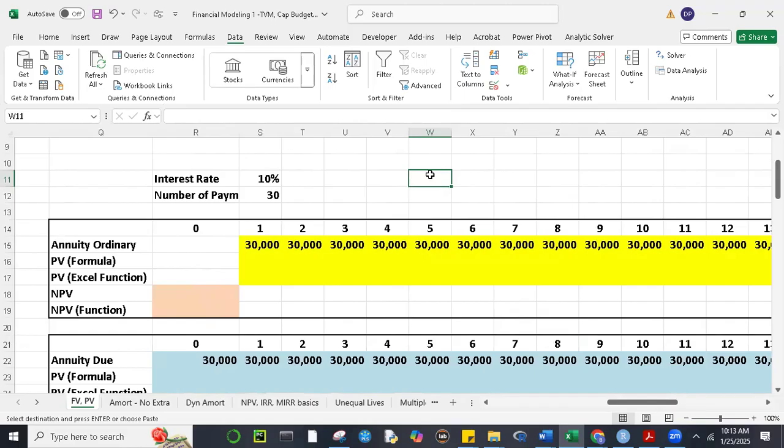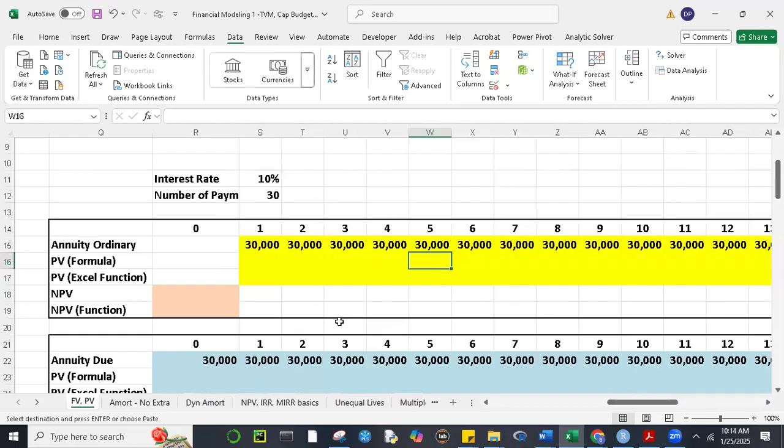So how do you compute for the present value of an ordinary annuity? The long cut is to get the present values of all of these. What's the present value of this, this, this? Once we get the present values of all of these cash flows, then we can add them.